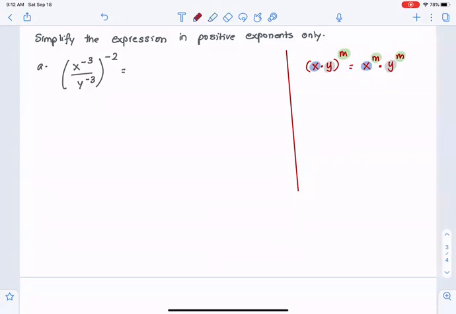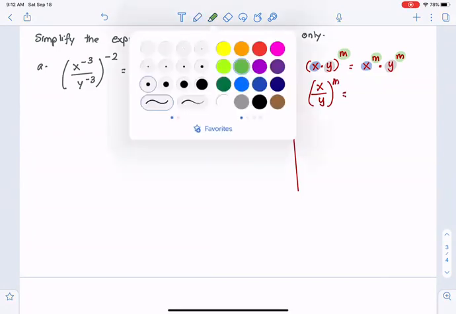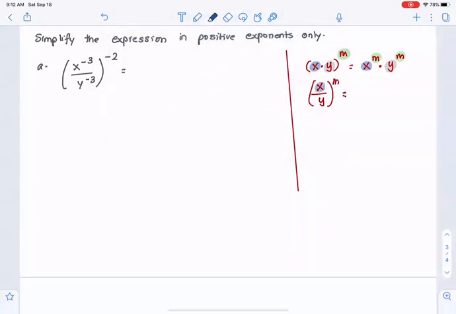Same applies to x over y raised m. So the bases are different. The power is just m.